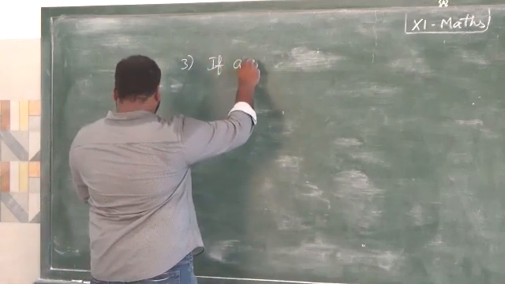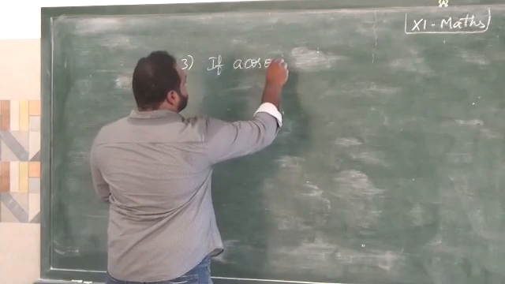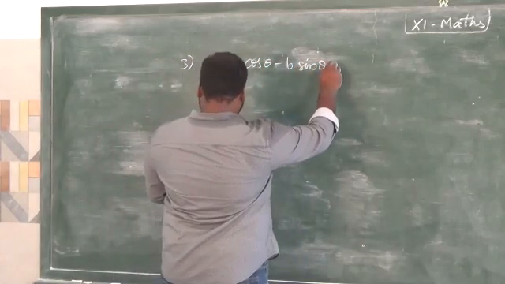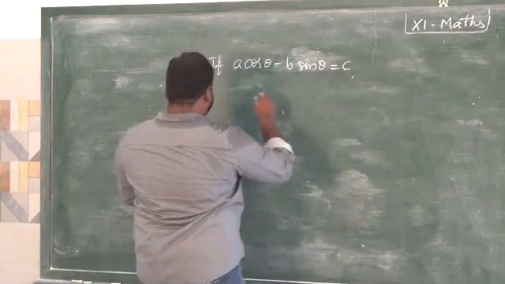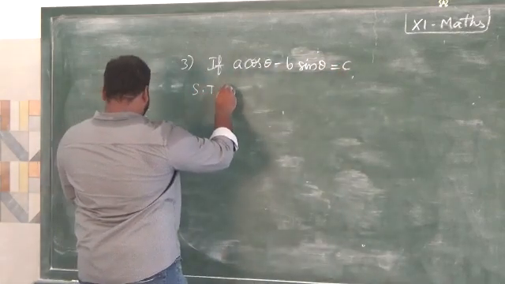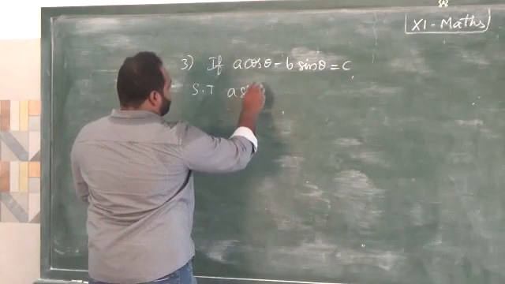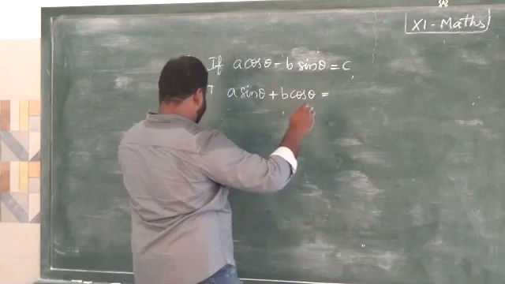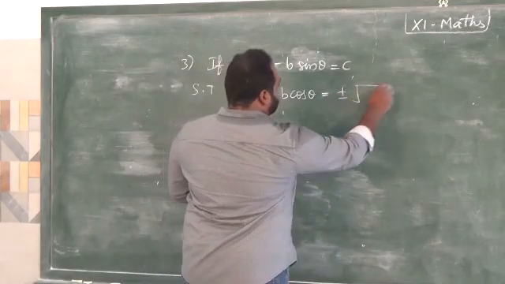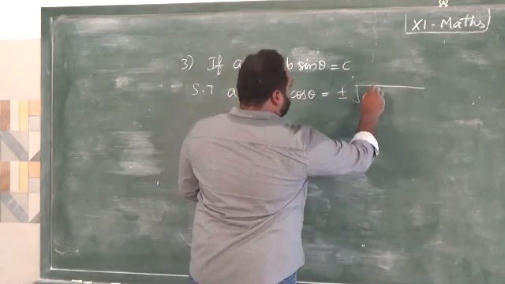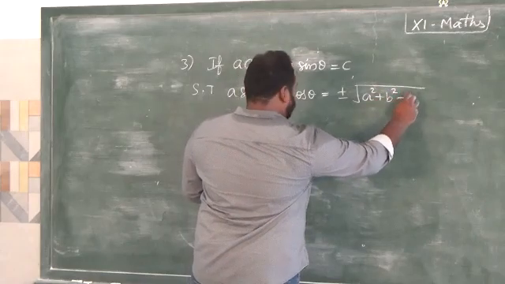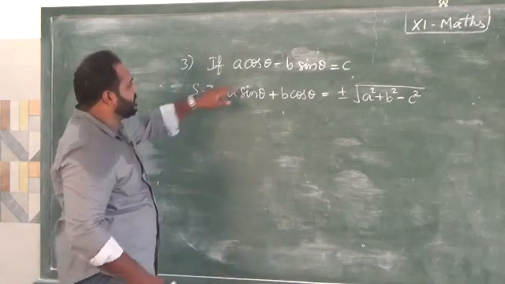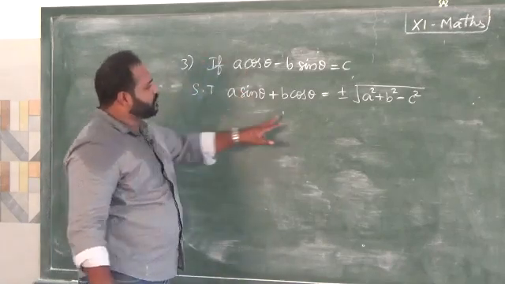If A cos theta minus B sin theta equals C, show that A sin theta plus B cos theta equals plus or minus root of A square plus B square minus C square. So using this condition, I am going to prove this statement.